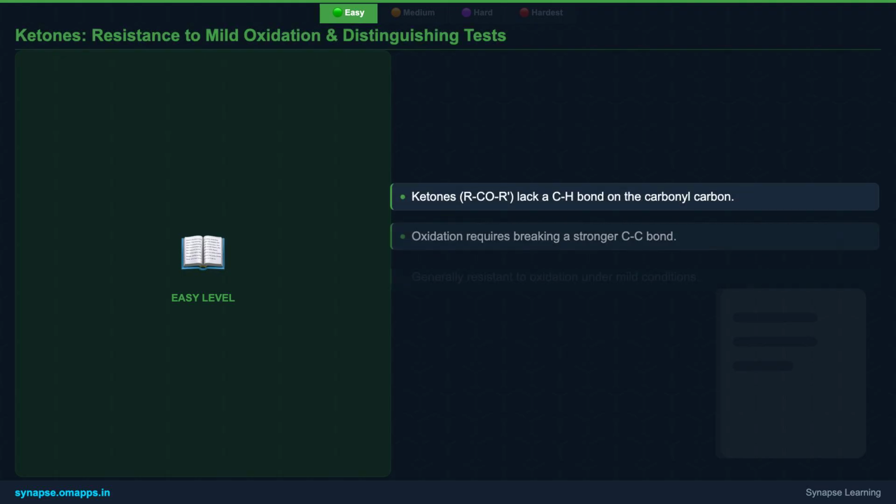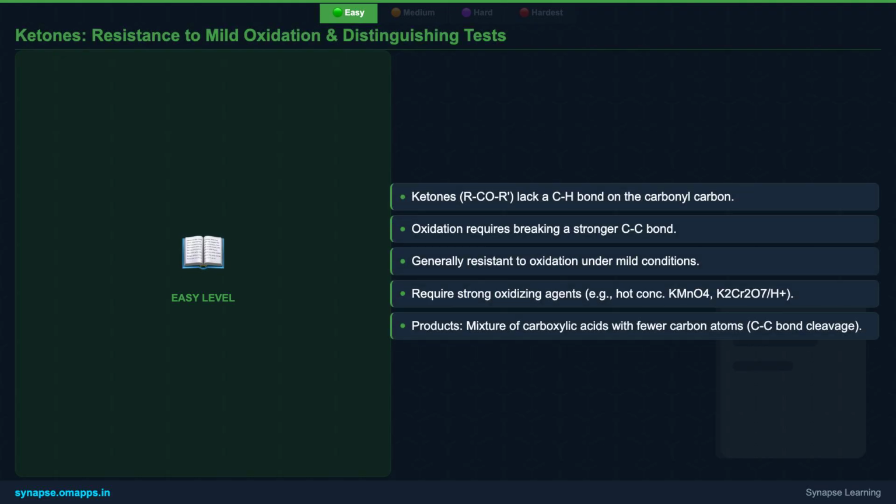Now, let's contrast this with ketones. Unlike aldehydes, ketones lack that easily oxidizable C-H bond directly attached to the carbonyl carbon. This structural difference makes them much more resistant to oxidation. Under mild conditions, ketones largely remain unreactive.